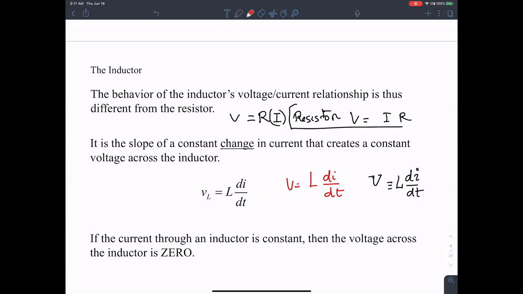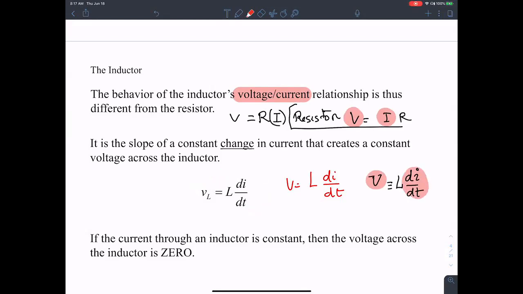So let's see the behavior of the inductance. The voltage current relationship is derived from the resistance and is very similar to it. As you can see, voltage here is proportional to current, and voltage here is proportional to the slope of current.